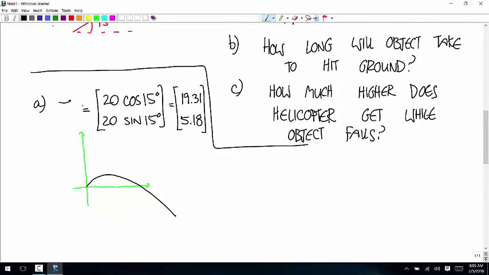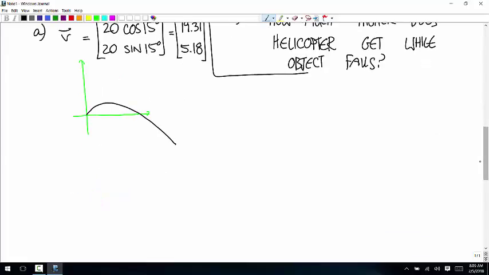And the second question, how long will it take the object to hit the ground? So if this is the helicopter, let's put the origin on the ground beneath the object at time equals 0.